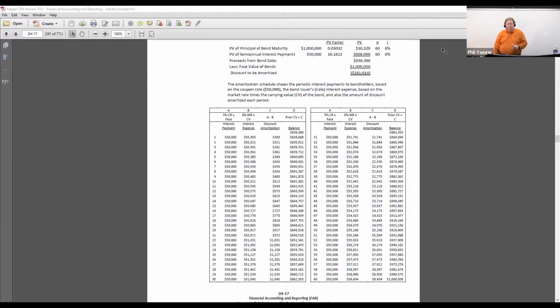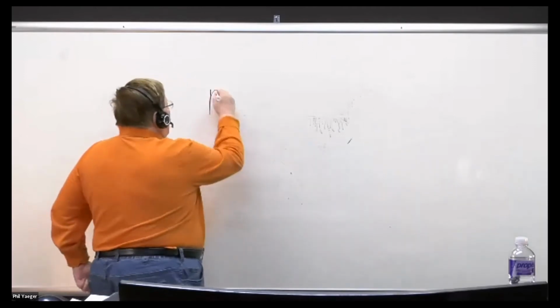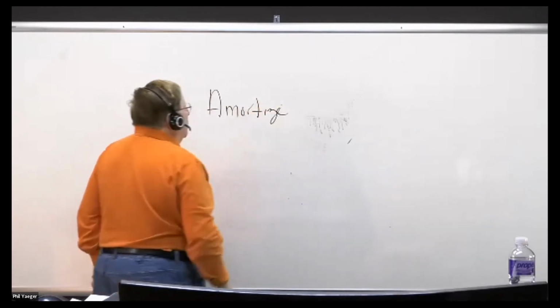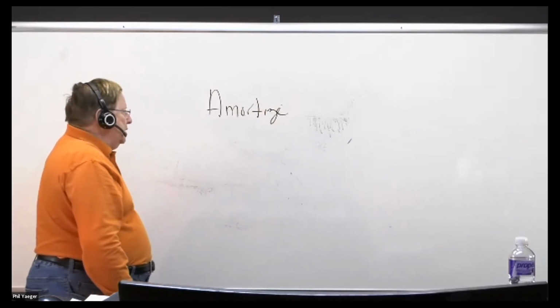Now, what do we call the cost of carrying bonds? Interest expense. So I'm never going to get that discount back, right? And I'm going to amortize the discount because at maturity, the carrying value of the bonds has to be $1 million. Do you understand that?